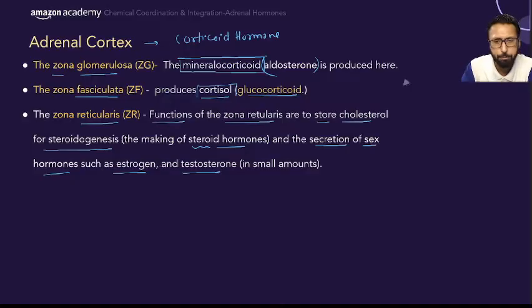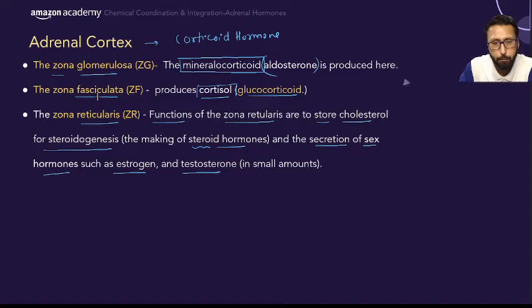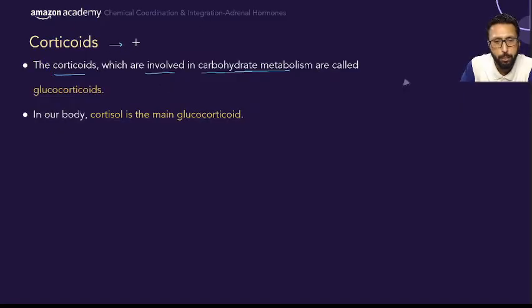Now, the corticoids which are involved in carbohydrate metabolism are coming from the zona fasciculata. They are called glucocorticoids, and the most important example of this is cortisol.